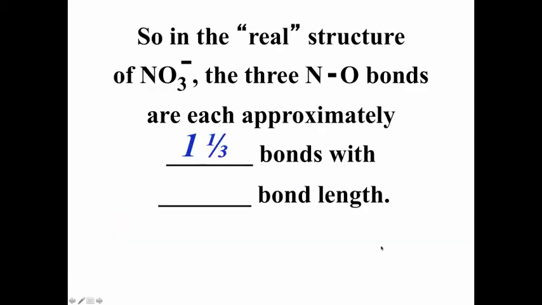In the real structure of NO3-, we don't have a double bond and two single bonds. We actually have 3 bonds that are each about 1 1/3 of a bond. They're equal bond length. So what we have is 4 bonds distributed equally amongst 3 bond locations.